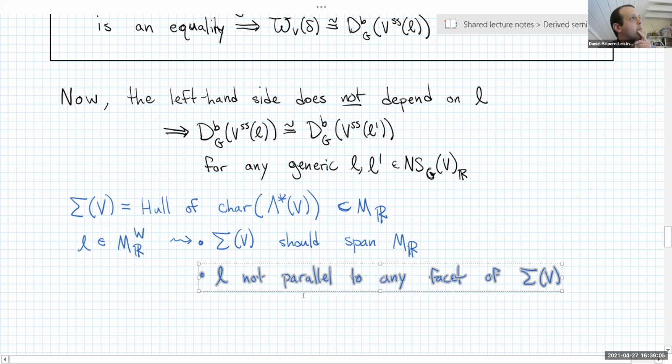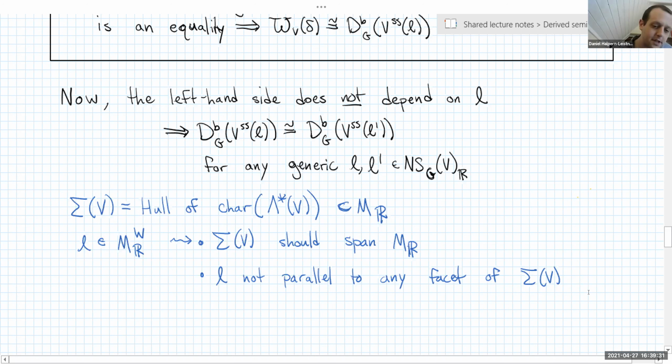But I can't quite remember if it is equivalent to the condition that there are no strictly semi-stable points with respect to the torus. If memory serves, this is equivalent to saying that there are no strictly semi-stable points for the maximal torus action on the vector space. But don't quote me on that. We wrote a little bit about this in the paper, so you can refer to that.